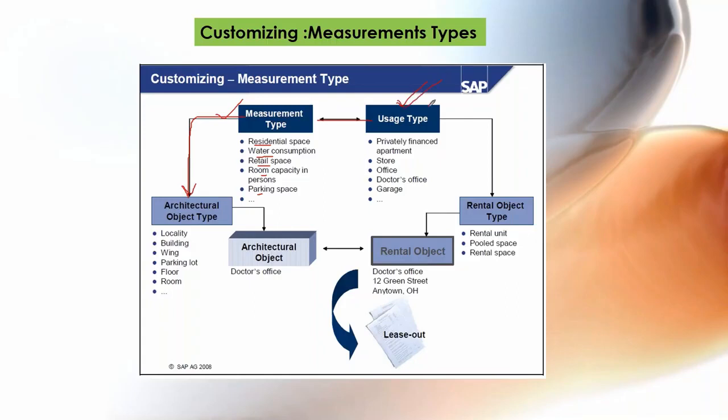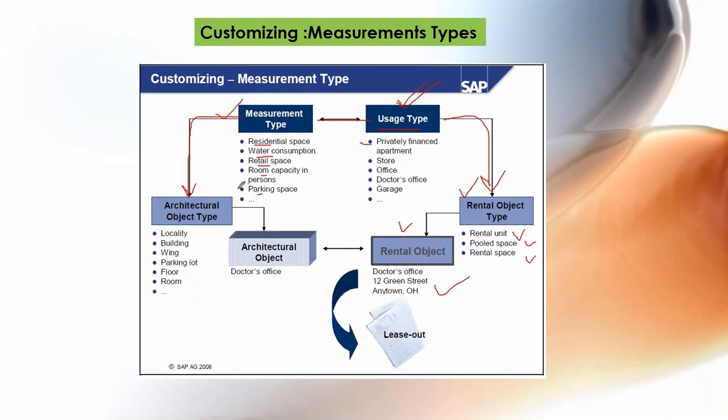Usage type, which we have already seen: privately financed, store, office, doctor's office, everything. From usage type you can assign it to the rental object type, like rental unit, pooled space, or rental space. So when you create any rental object, it will take a reference of the rental object type, and all the measurement types assigned here will be available to assign on the rental object.